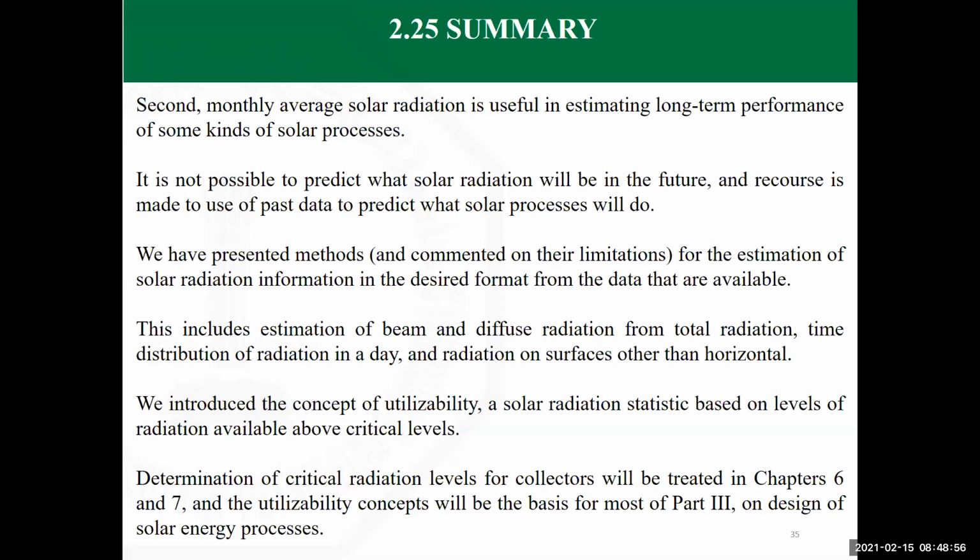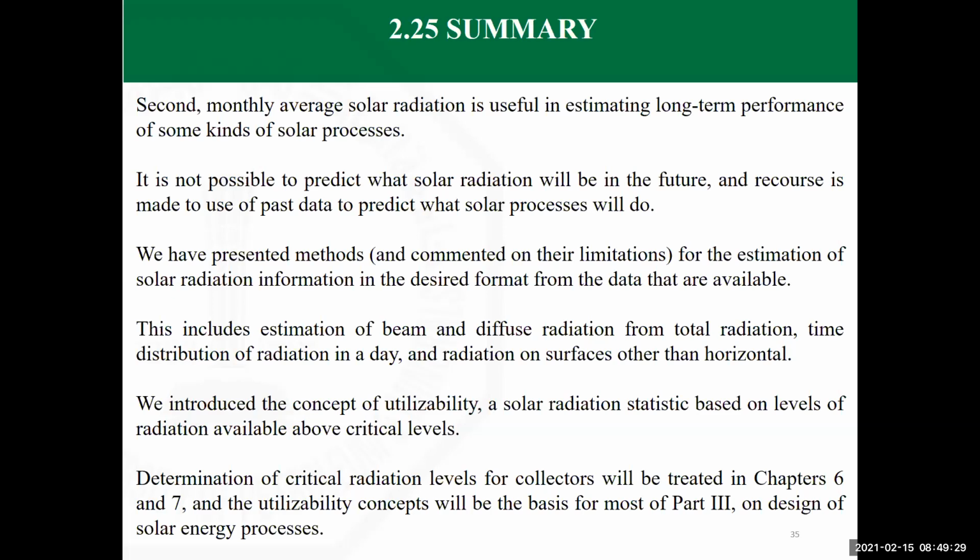We talked about the estimation of beam and diffuse radiation, and we looked at different models of the diffuse radiation as well, so that we can calculate it based on an isotropic model or an anisotropic model, and we have taken a couple of correlations for the anisotropic models that can be considered for our estimate of the total amount of radiation falling on a surface, which includes the beam radiation, the diffuse radiation, and the reflected radiation from the ground.